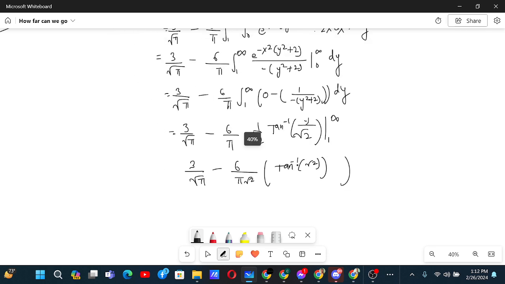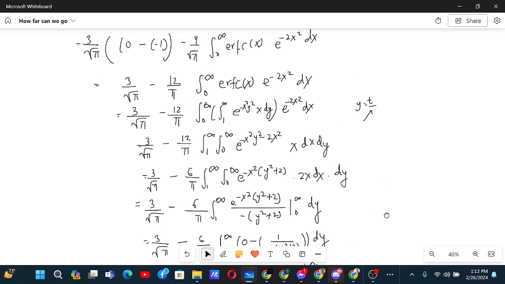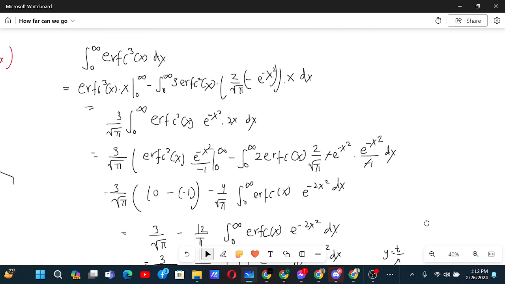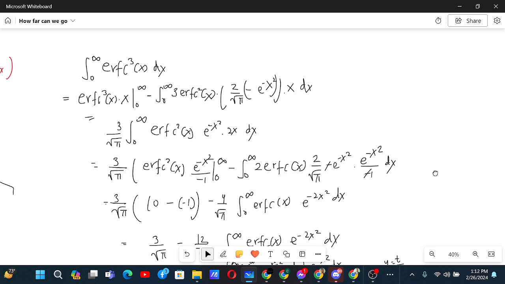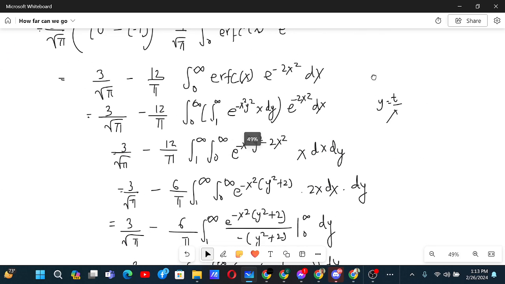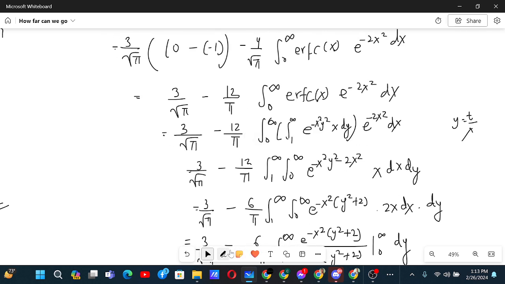But it feels like I'm missing something over here. I'm missing a 2 by root pi. How come I missed that? Oh, over here.